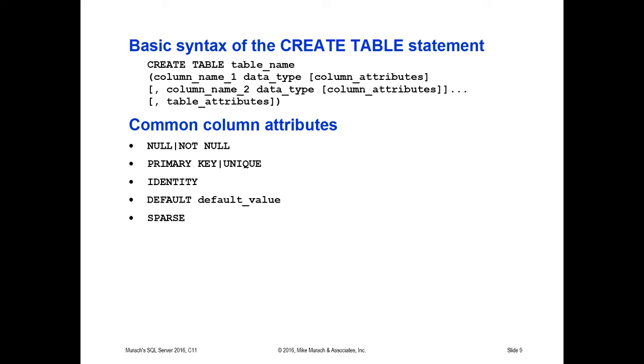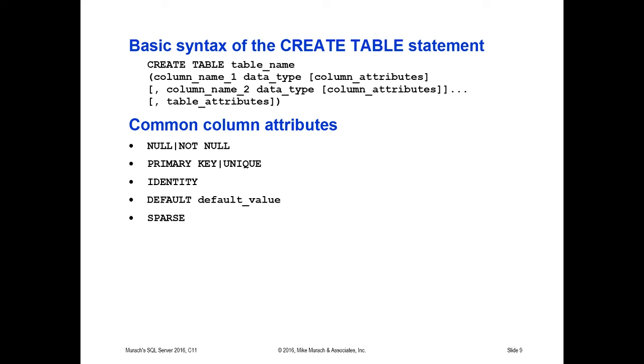Now the syntax to create a table again is create table and then the table name, but tables don't mean anything unless they have columns. So our create table syntax is a little bit more complicated because we're going to follow the table name with a list of our columns. For each column, we're going to specify the name of the column, its data type, and any attributes of the column.